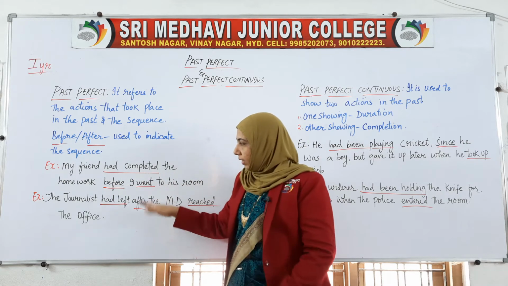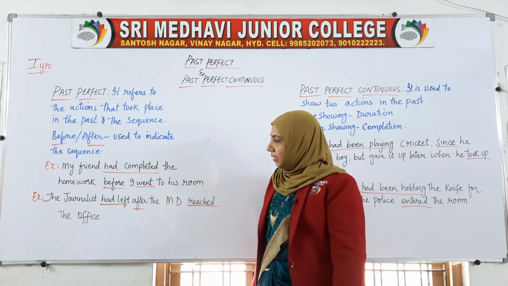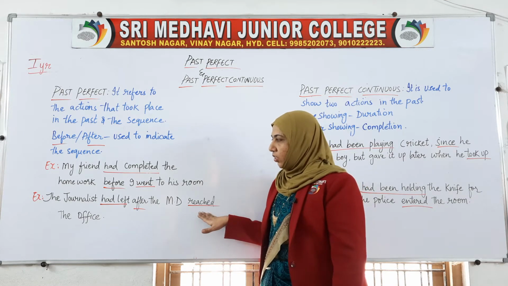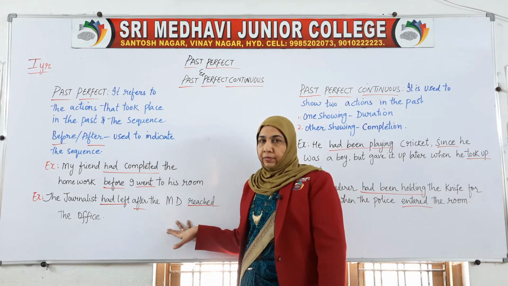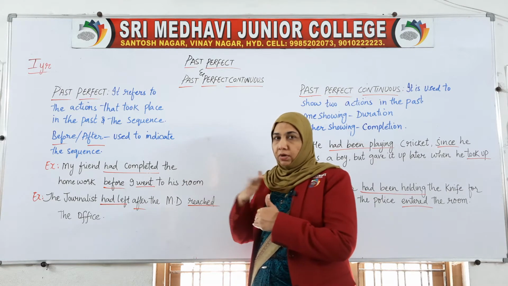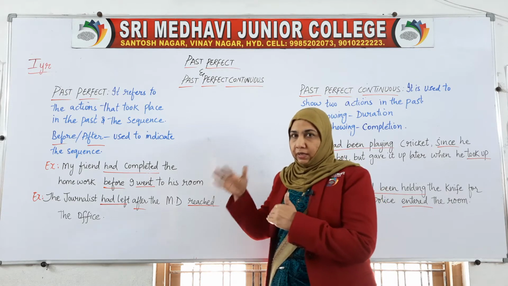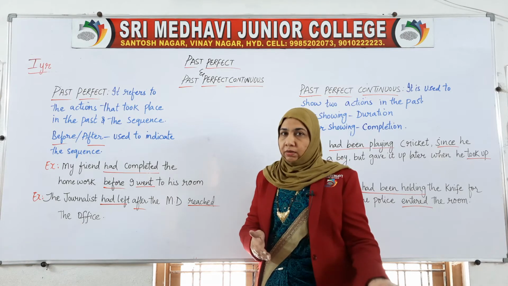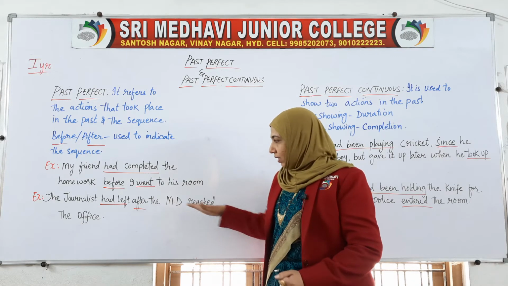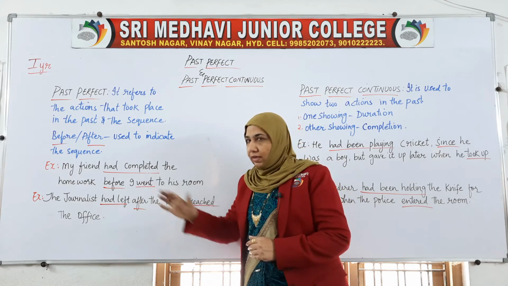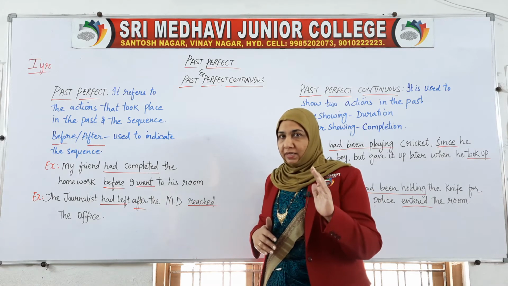Next: the journalist had left after the MD reached the office. The journalist had left the spot, he went away. When had he left? When the MD reached the office. When the MD arrived, the journalist had left the place.